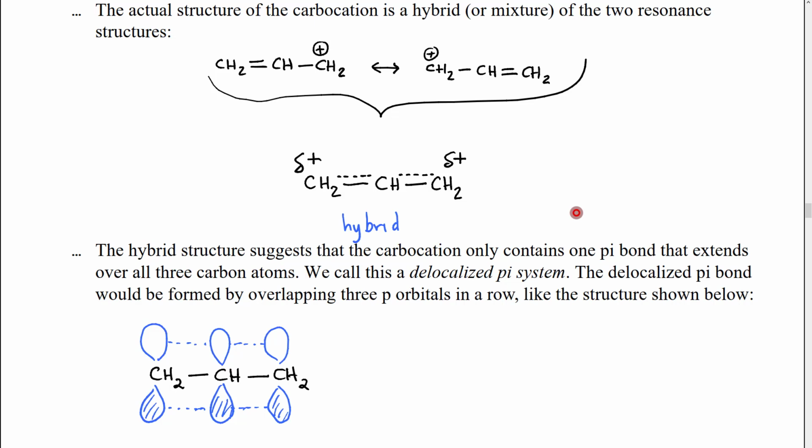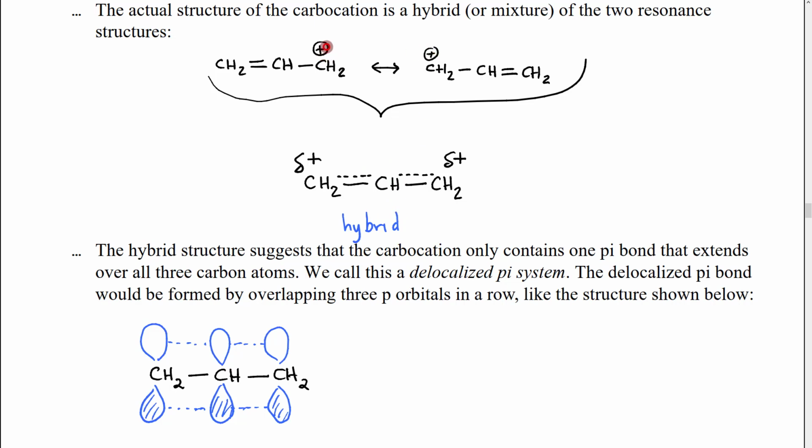For example, 50% of the time, more or less, there would be a double bond on the left 2 carbons, so in other words, half of a double bond. So we draw that in with a dotted line. Then 50% of the time, we would have a double bond on the right-hand 2 carbons, so another half of a double bond. But then that middle carbon has too many electrons around it.